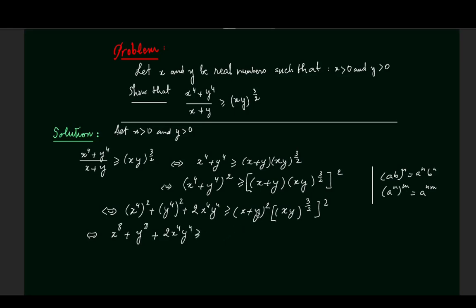is greater than. We'll expand this one, and that's (x squared plus y squared plus 2xy) times (xy) cubed. Using the same rule, 3/2 times 2, and we cancel the 2.